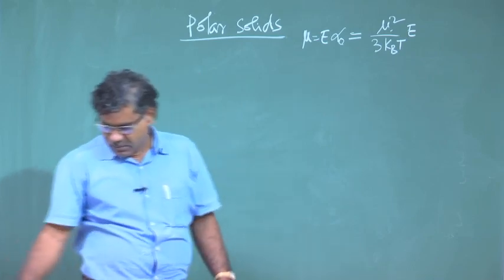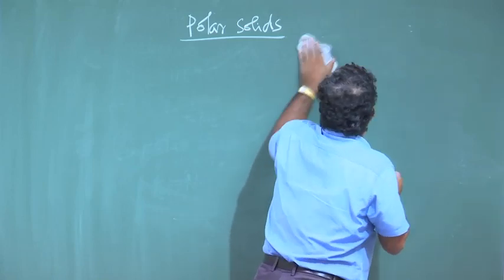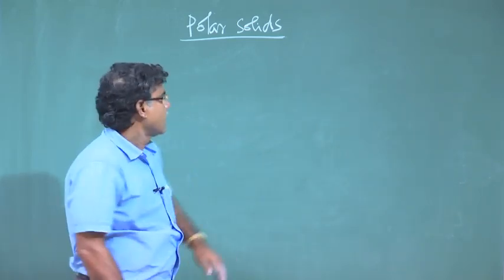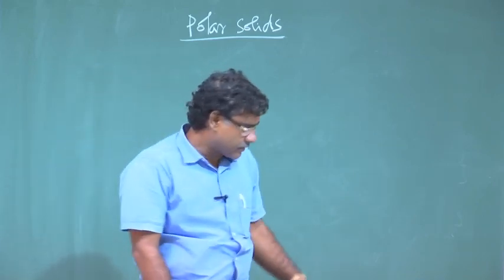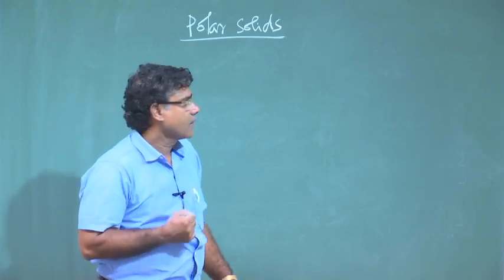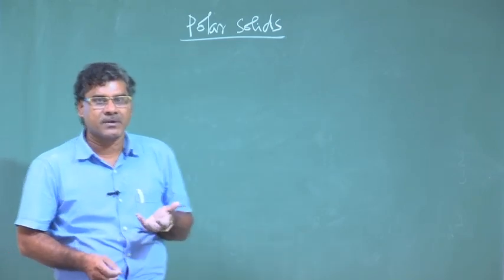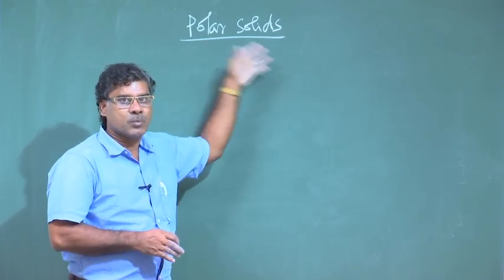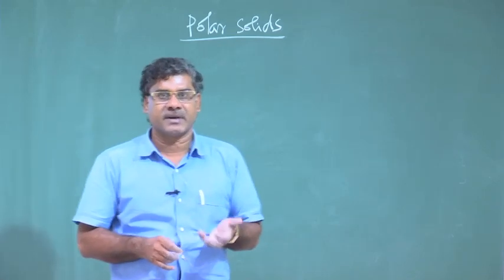Now, forget this expression for the time being, I just want to tell you qualitatively. You have materials which have a dipole moment, and it is just similar to magnetic material. This polar dielectric material is similar to the magnetic material.